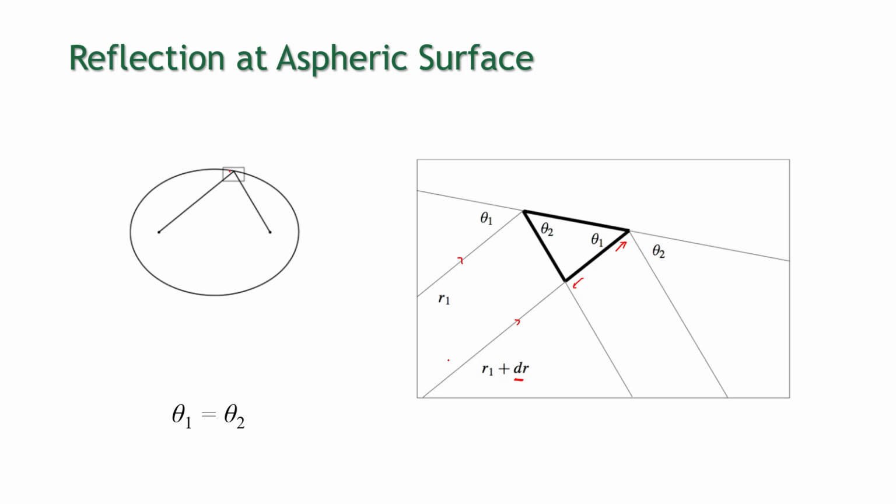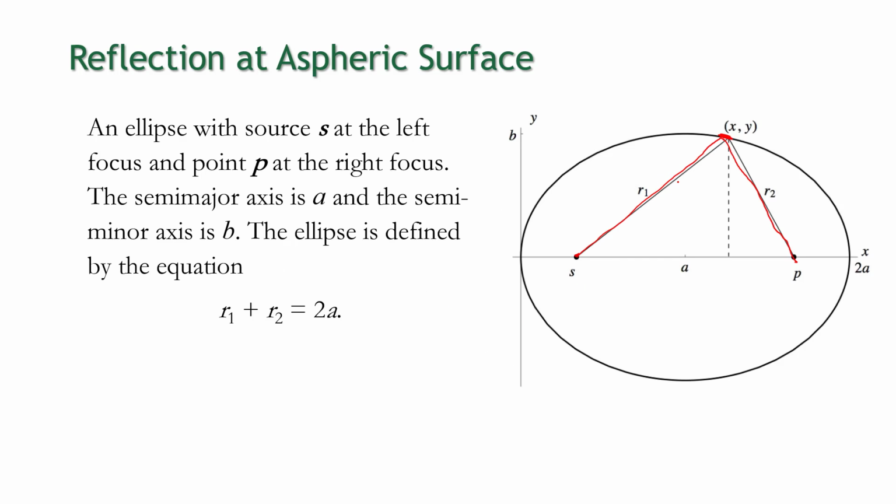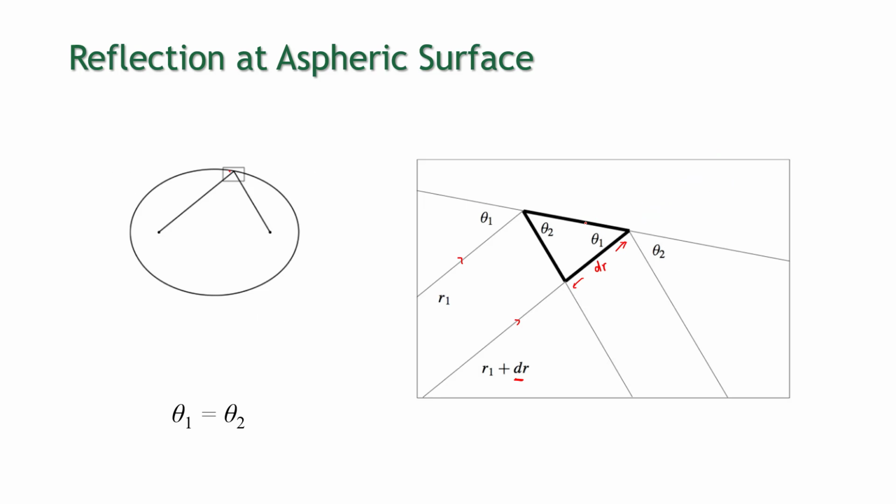So this is R, and that's R plus dr. That much is the difference, like I said here. So these two rays would be slightly different by some distance, and the equal distance would be the difference for these two also. That means these two also will be different.